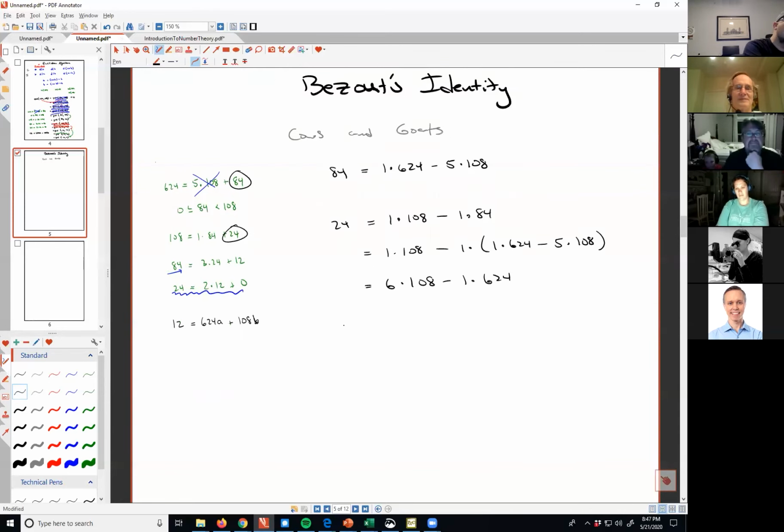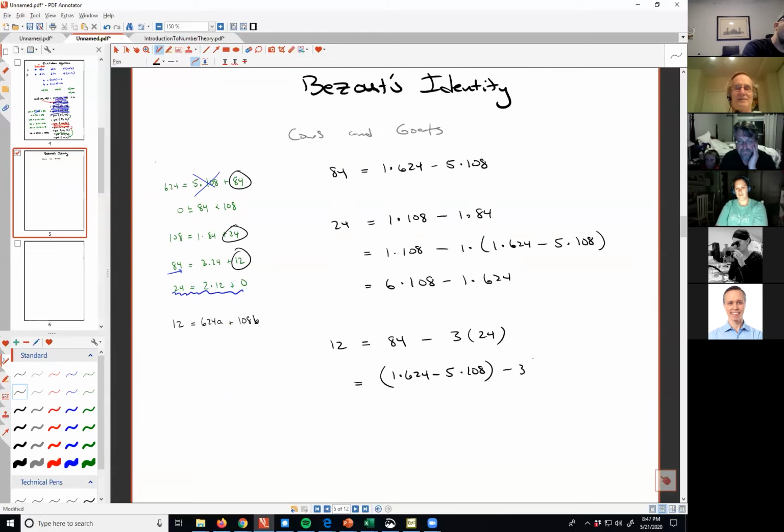And we know that 12, we isolate that, was some kind of a bundle of $84 minus 3 bundles of $24, but we can write both of these in terms of cows and goats. We've got 84 is 1 cow minus 5 goats.